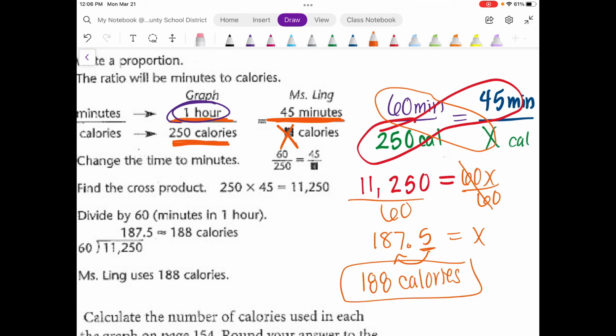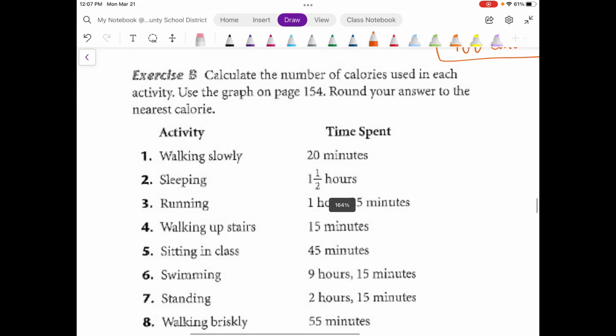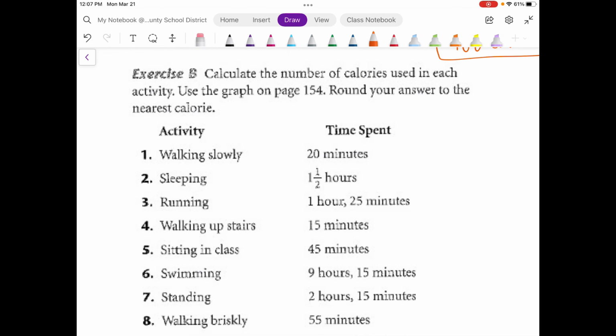So you are going to use the same idea to solve all of these problems. Use the table from page 154 to figure out how much it is for 1 whole hour. So if I go back and look up walking slowly, a slow walk is about 125.